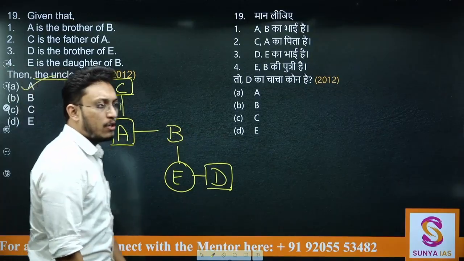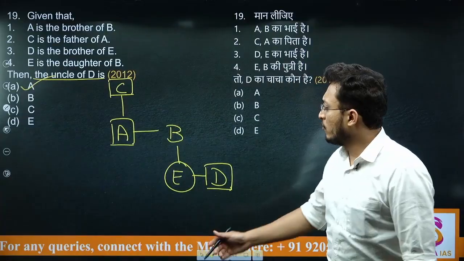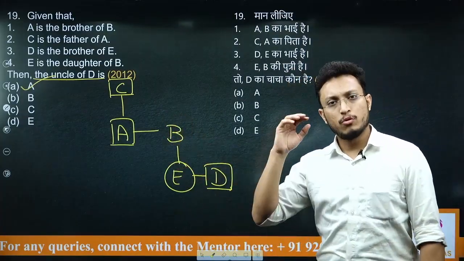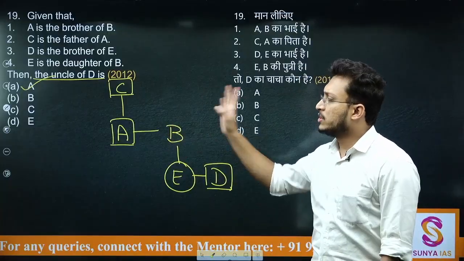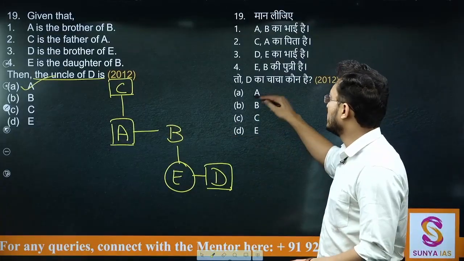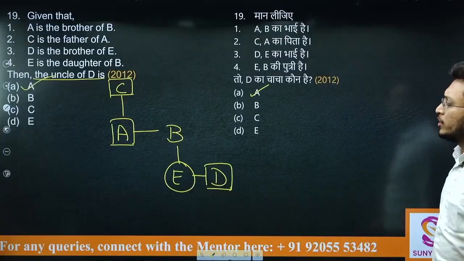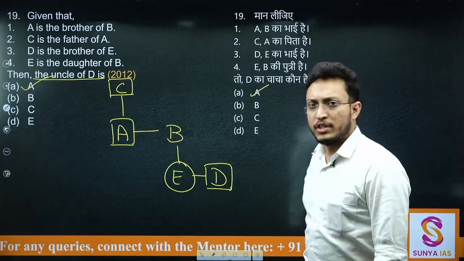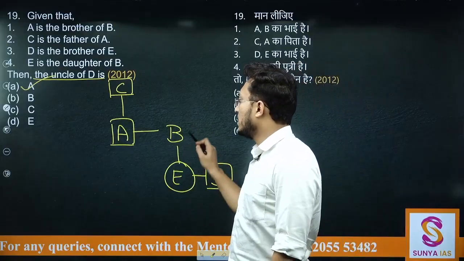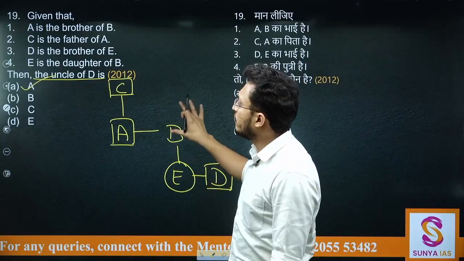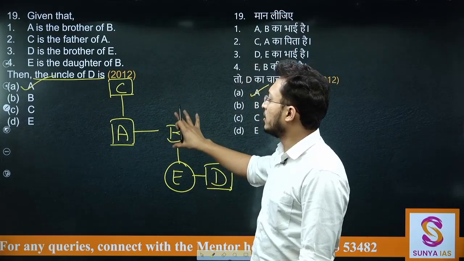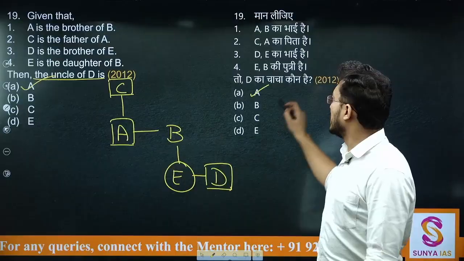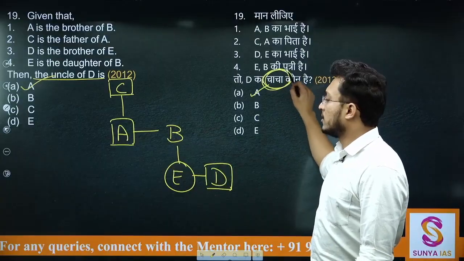Look, here paternal or maternal has not been mentioned. So we don't know whether B is the father or mother, but whoever is B, A becomes the uncle of D. So your answer here is A. Although it should have been specified, some statement should have been given from where we could know that B is the father, and if we know that B is the father, then only we can say that A is the paternal uncle of D. Why? Because here the word chacha is given.